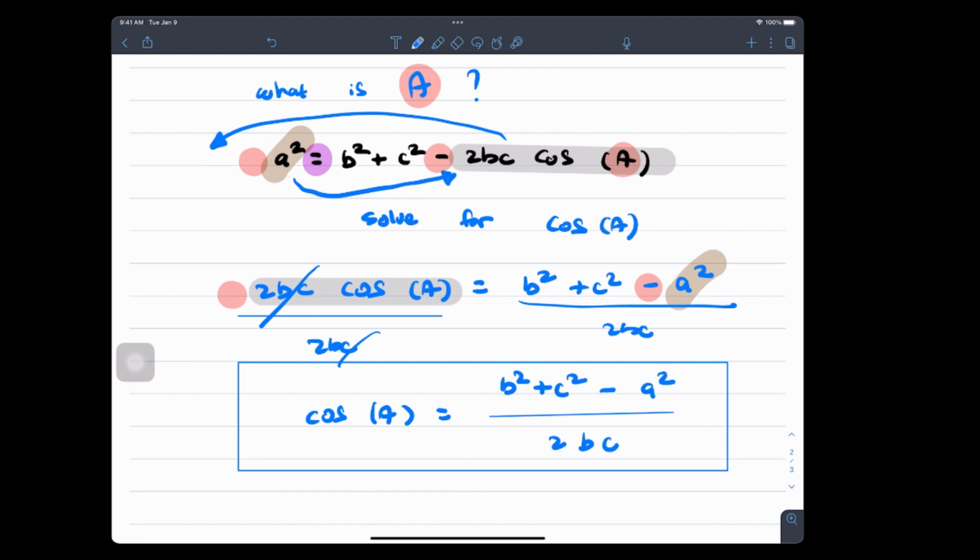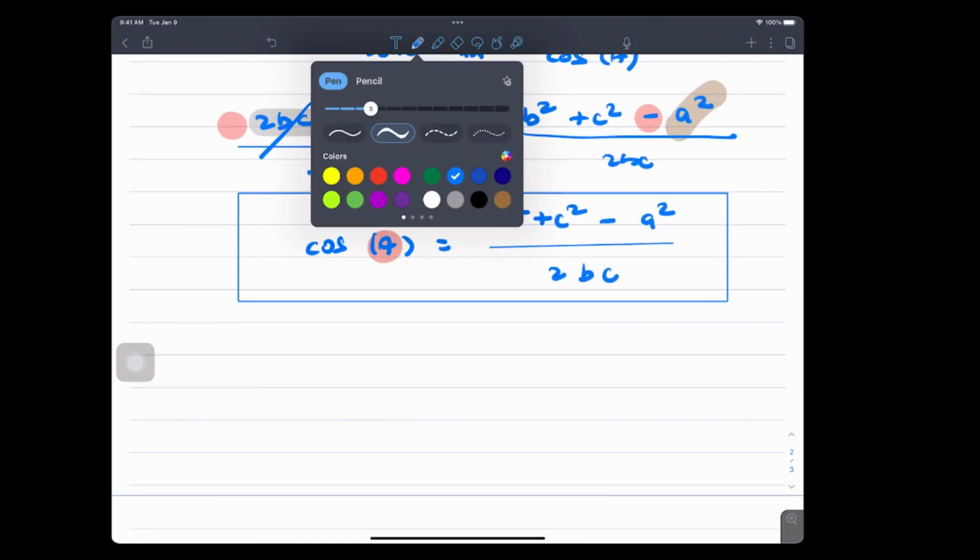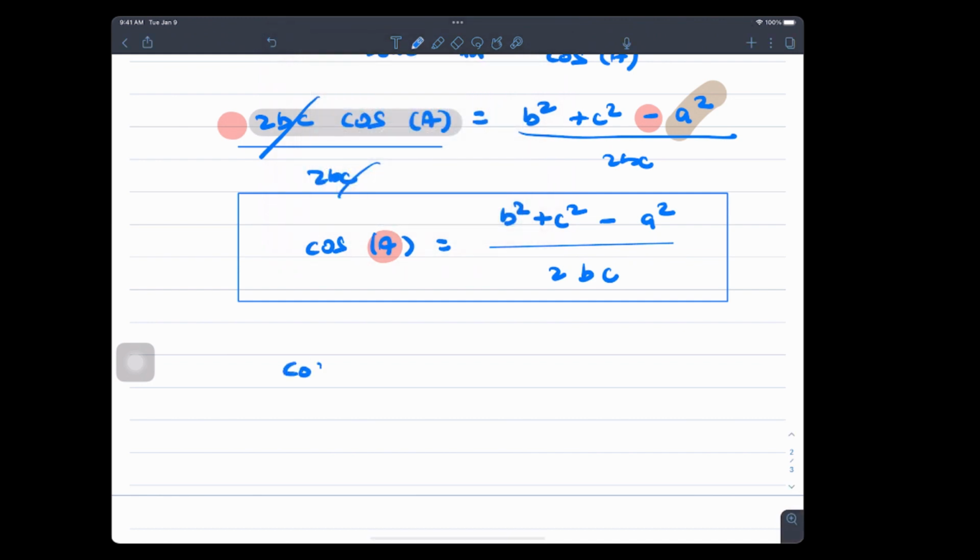This is by law of cosines, ladies and gentlemen. This is going to enable you to find angle A. This is what the book says you can do. The book wants you to have this version of law of cosines. So that you might say, now, what does this mean for me? Well, it means cosine A, remember, everything on the right here is going to be given to you. So it's in blue.